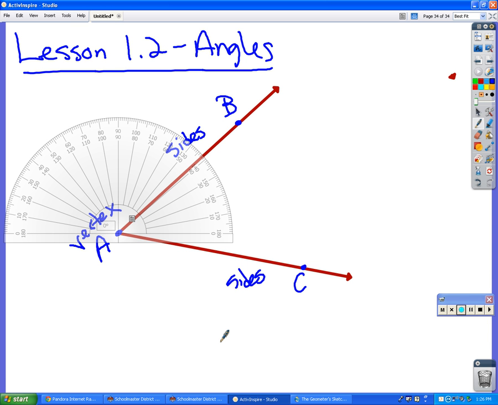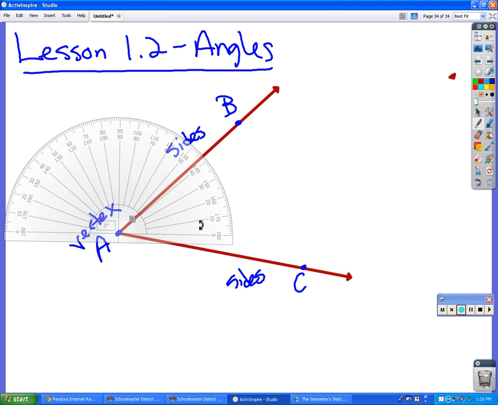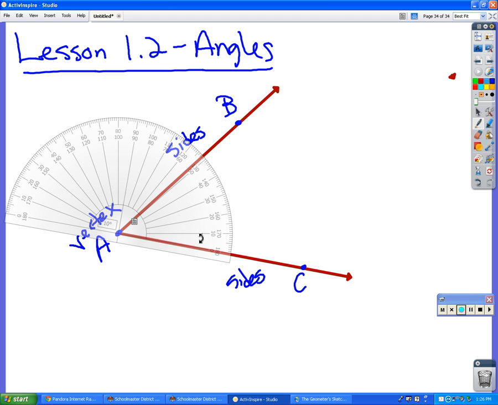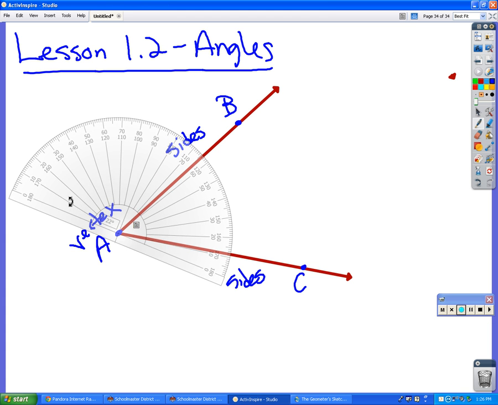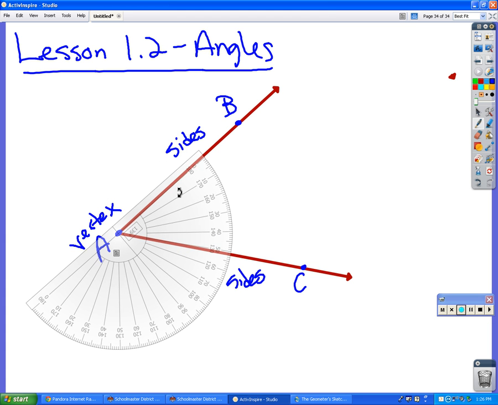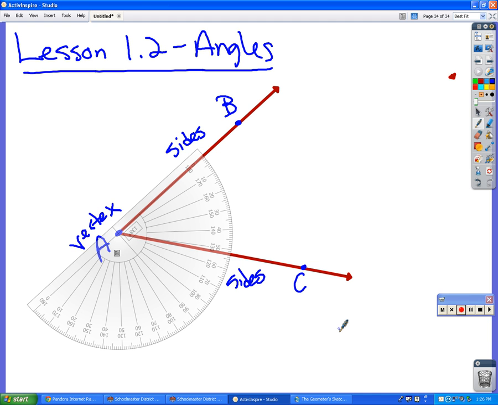Then you need to rotate your protractor in such a way that one of the sides of the angle lines up with one of the zeros on the protractor. There are a lot of different ways I can do this. I could go the short way and have it line up like that. I could also take this side and line it up like that.